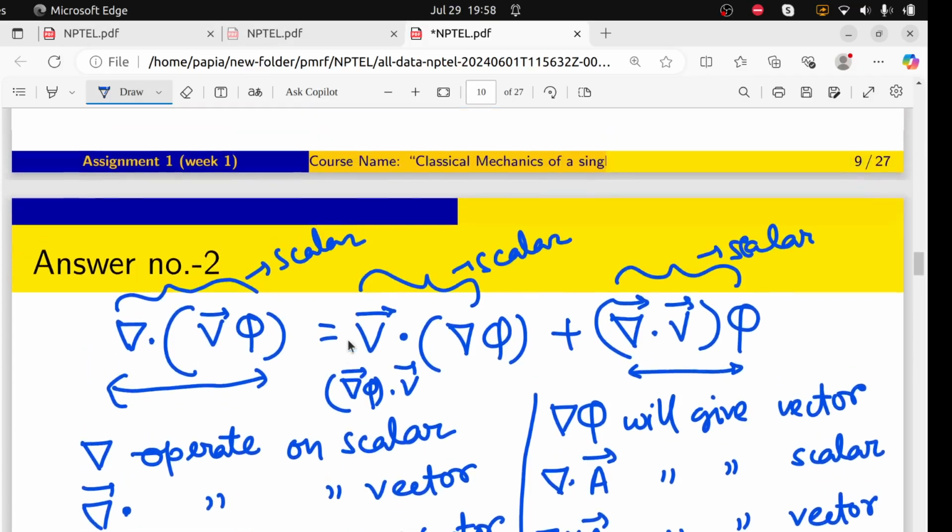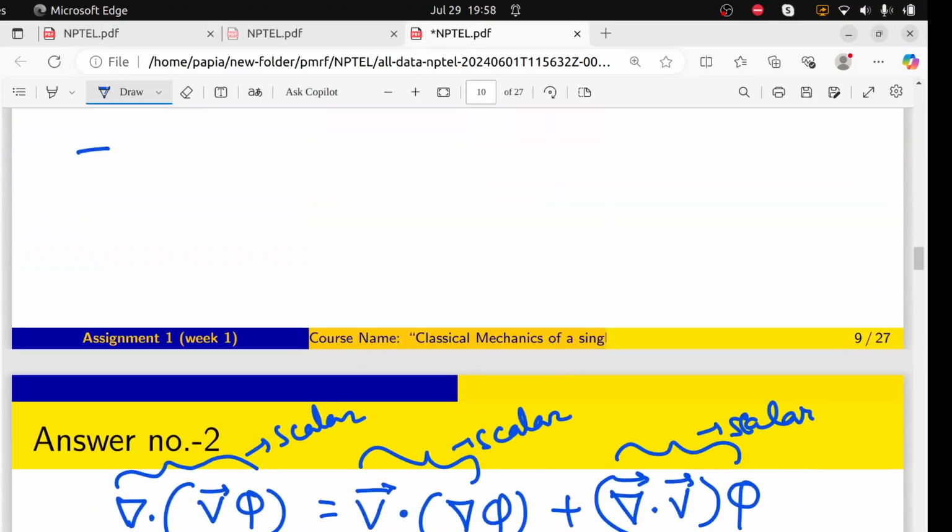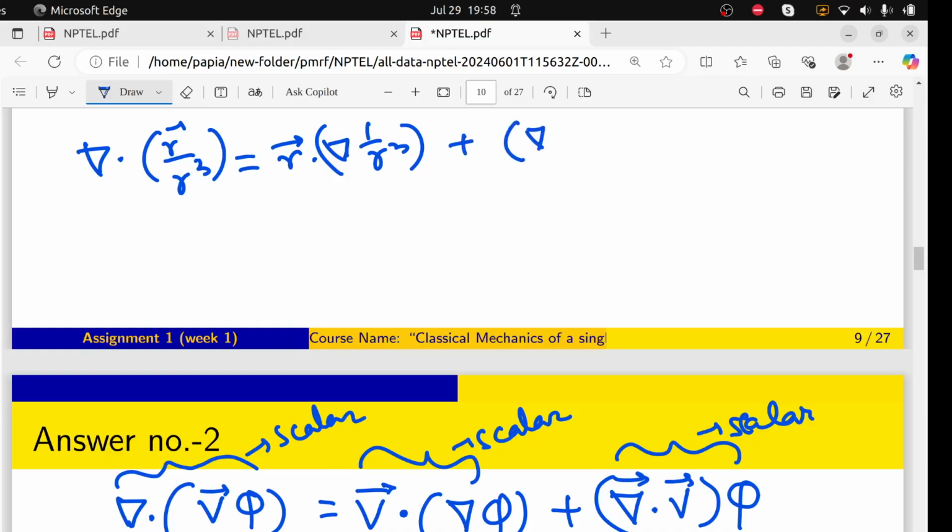Okay, so now let me go here again. In my calculation, I had R vector divided by R cube. So I will simply write this expression in this case. Here V vector means R vector. So R vector dot grad of 1 by R cube plus divergence of R vector into 1 by R cube. Now again you have to know some basics of gradient and divergence.